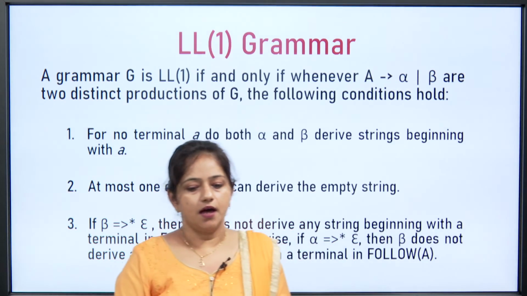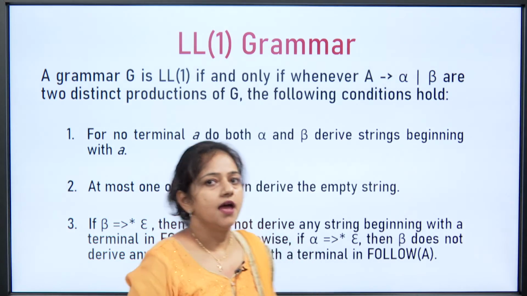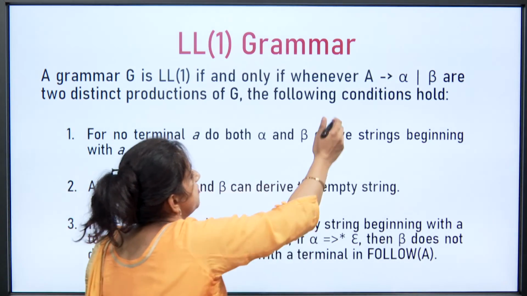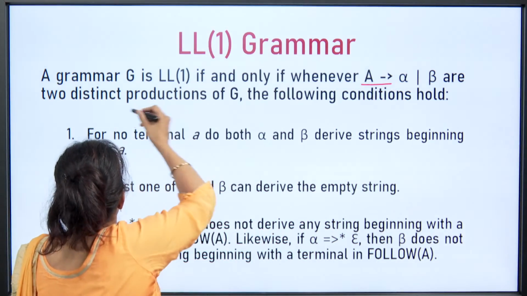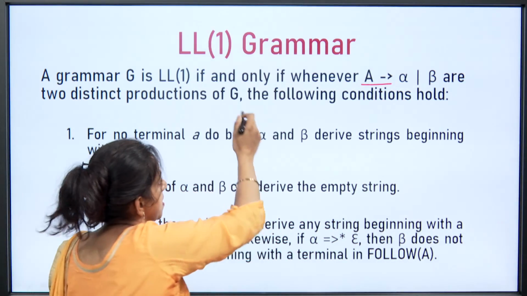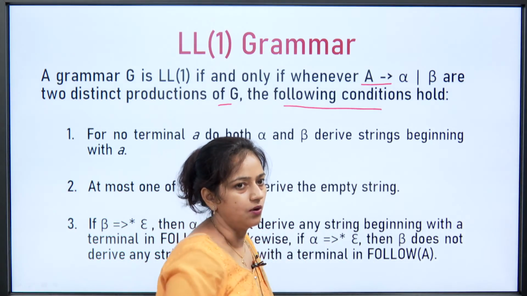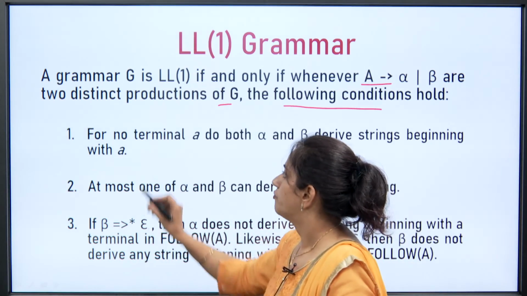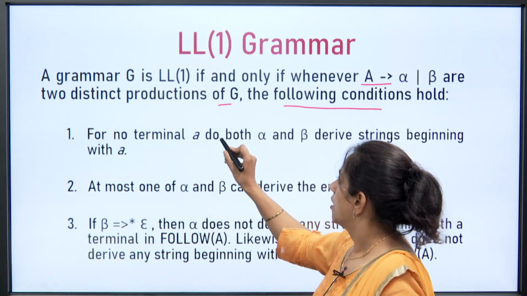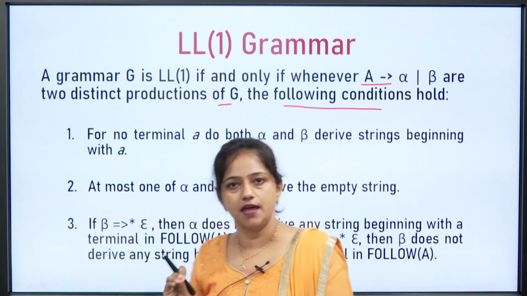Now, a grammar is said to be LL1 if and only if whenever there are two distinct productions A to alpha and A to beta for grammar G, the following conditions hold. First, for no terminal a do both alpha and beta derive strings beginning with a.